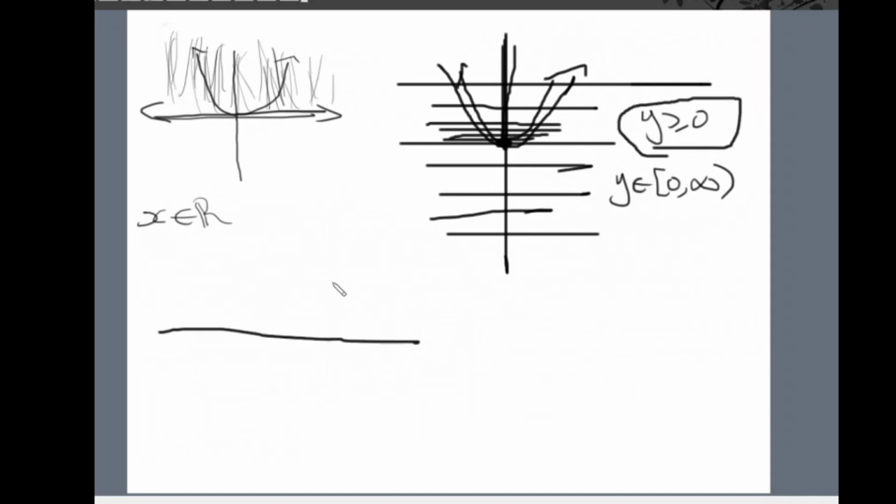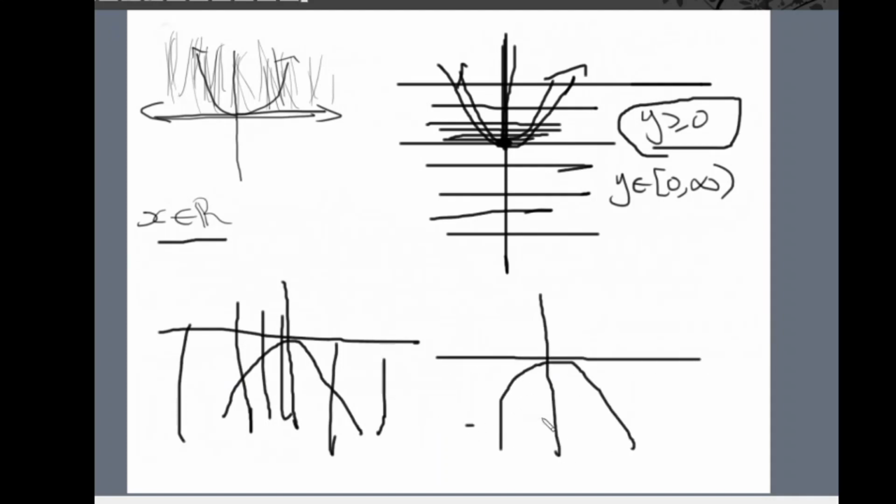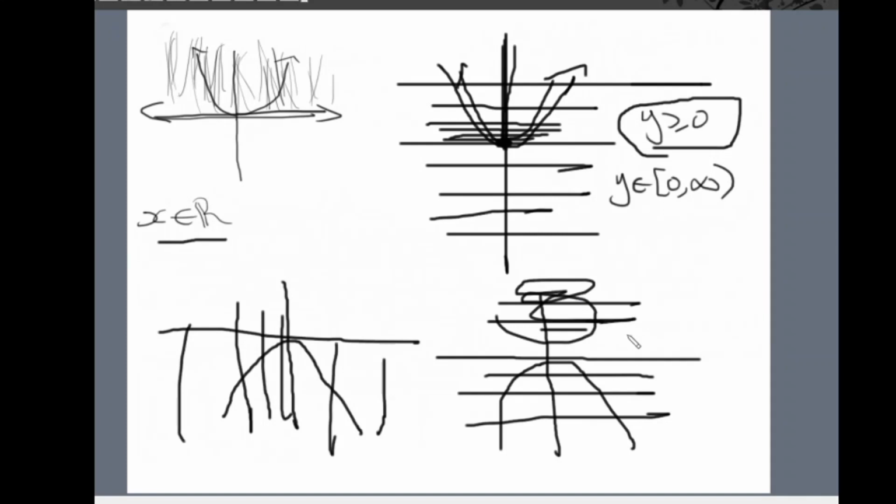If the graph looks like this, the domain is still x is an element of real numbers, because when you draw multiple vertical lines, they will cross the graph at some point, right? But when you draw multiple horizontal lines, they will only cross the graph below the x-axis, but above the x-axis they won't be crossing anything.